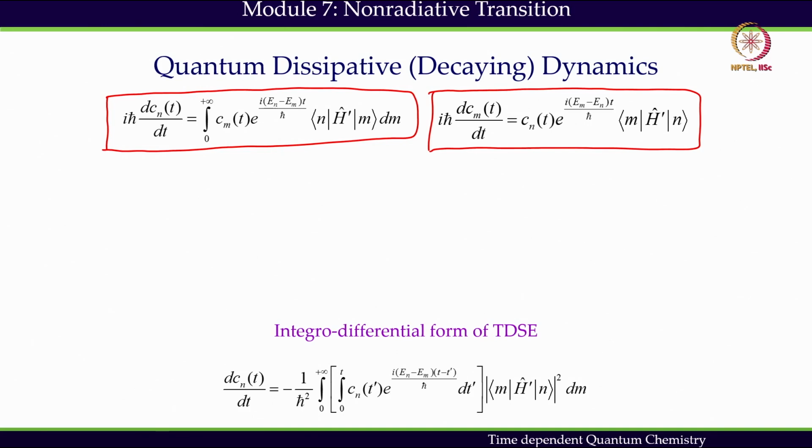Because our target is to find out Cn(t). We want to find out how the population in the initial state changes as a function of time. That's exactly what we are trying to find out.